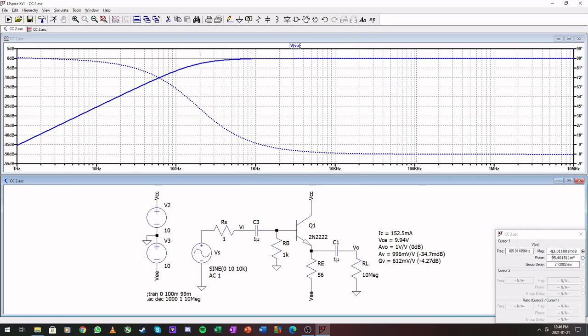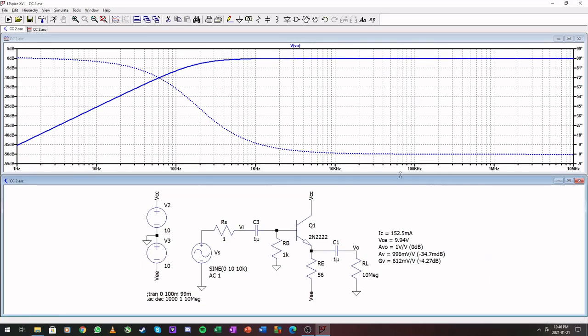Okay, so this small change that we have here is due to the fact that we ignored our out at all times. But as we can see, our GV is fairly accurate, and these values are fairly accurate as well.